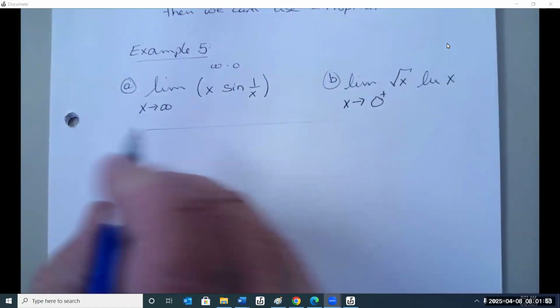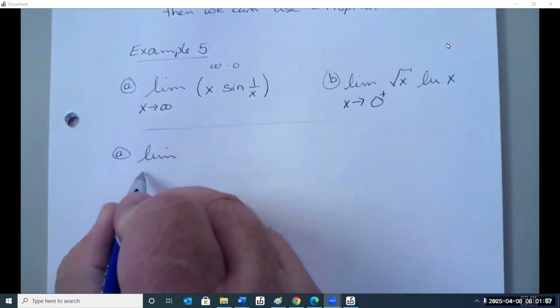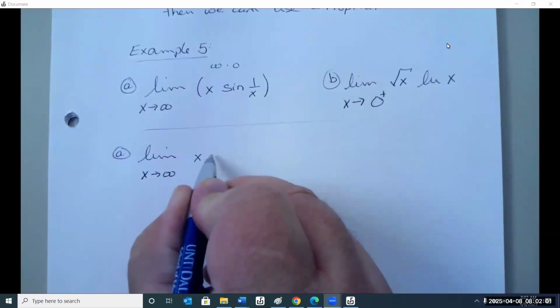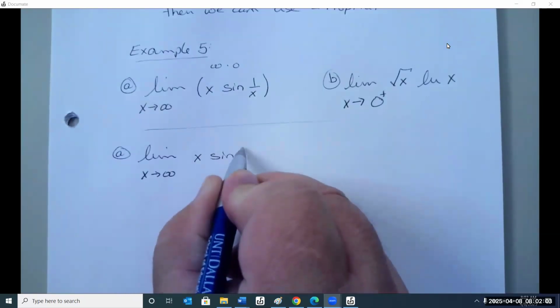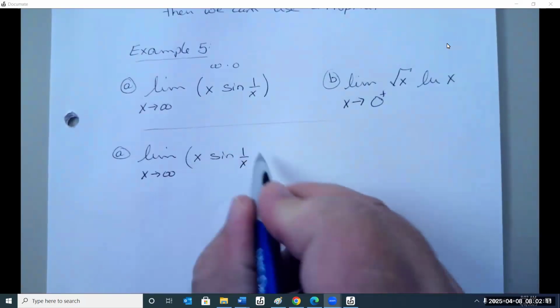So when that happens, what we want to try to do when you have an equation like this is convert this into infinity over infinity or 0 over 0, a rational expression.